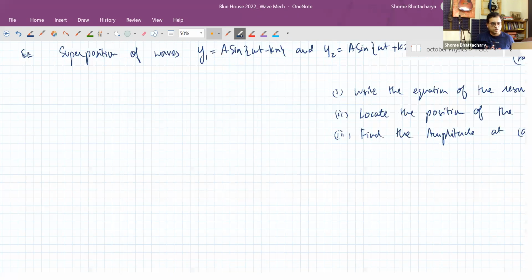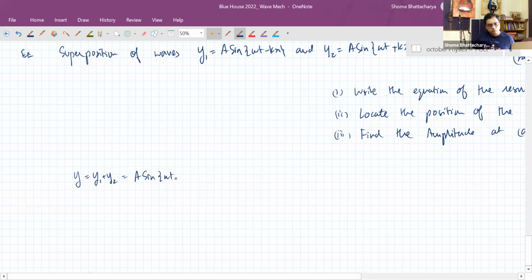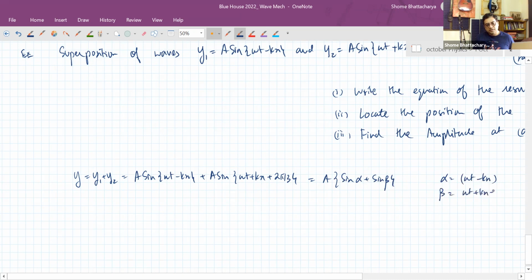So at any given point, the net displacement we can write as a times sine alpha plus sine beta, where alpha is omega t minus kx and beta is omega t plus kx plus 2 pi by 3.